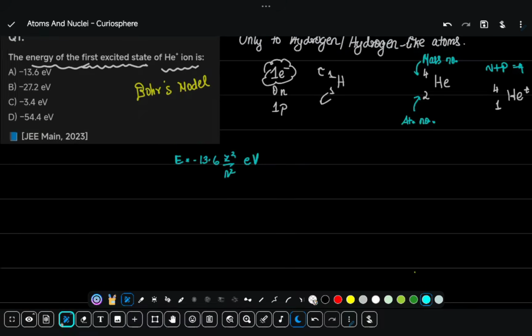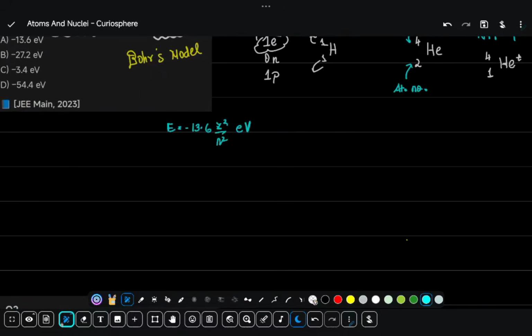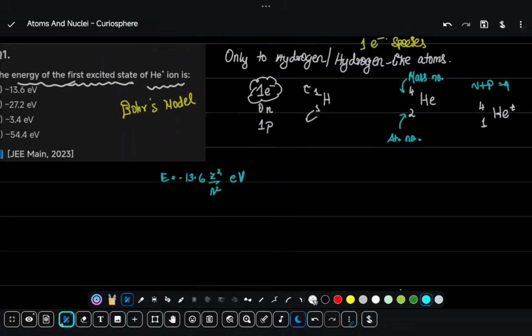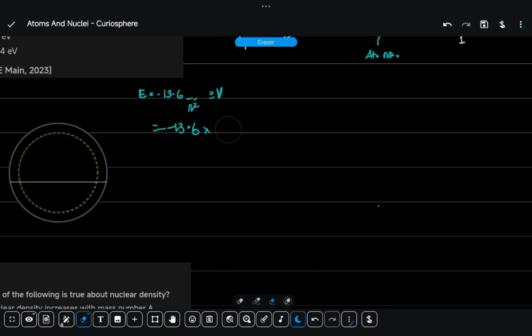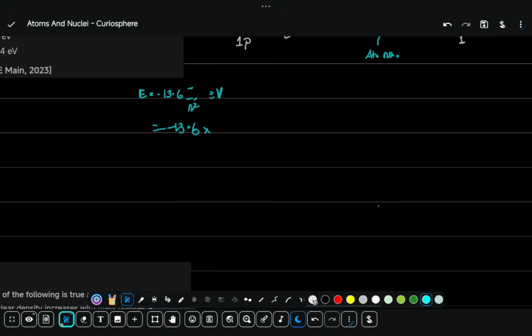Now coming back, it is 13.6. What is Z for helium? That is nothing but the atomic number, right? Minus 13.6 into Z is 2, squared, and n squared is nothing but the orbit number, 1 squared.